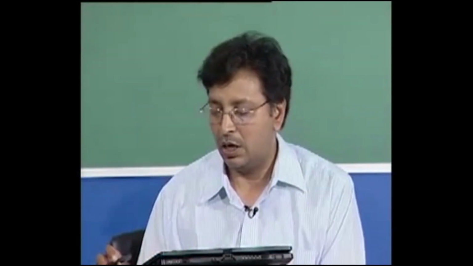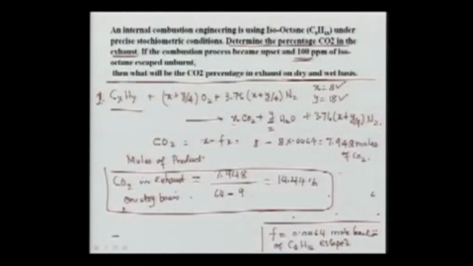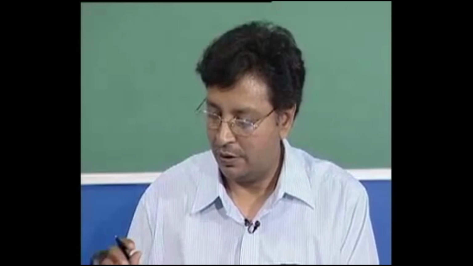Sometimes we, as air pollution engineers, need to report something on the dry basis, so you learn from this example that we can report the CO2 concentration on the wet basis and the dry basis, and also under the condition when some part of the hydrocarbon got escaped unburnt. So that is another example that we have done.